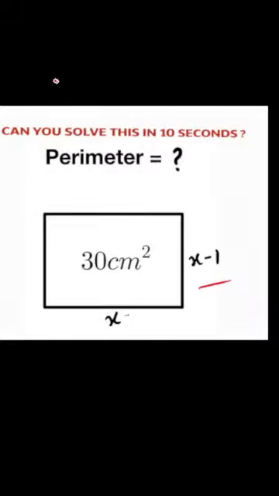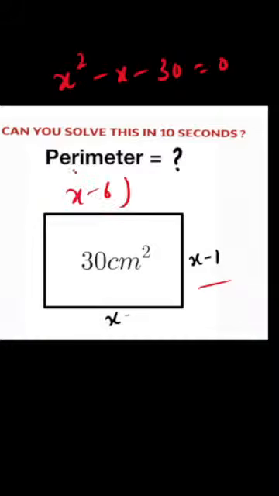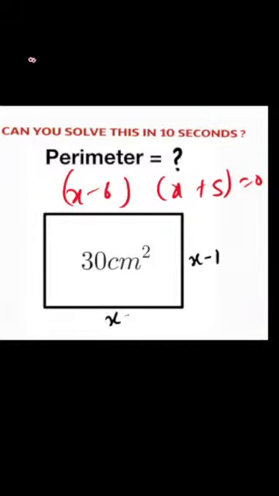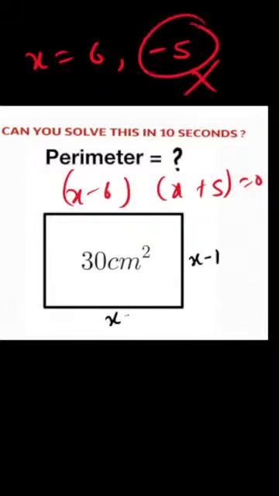So we get a quadratic equation like this, and if I factorize it, I get two factors: x minus 6 and x plus 5. Equating to zero, I get x as 6 or x as minus 5. But we are not going to consider the negative value because side length can't be negative, correct? So we'll consider only this.